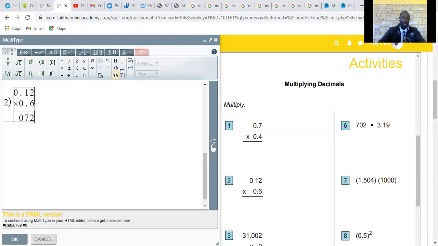We write 2, we carry forward 1. Now, 6 multiplied by 1 is 6. When we add the other 1 to it, we get 7. Then 6 by 0 gives 0. We are done with 6.